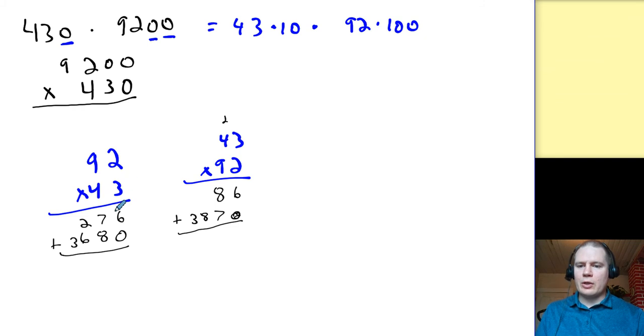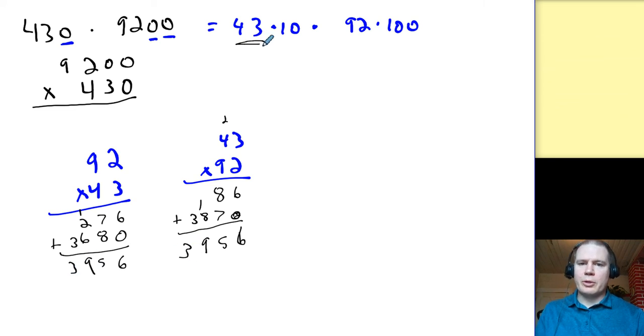I did the same four multiplications, I just lumped them into two pairs differently. Once I put those two pairs together, 6 plus 0 is 6, 8 plus 7 is 15, 8 plus 1 is 9, 6, 7, 8, 9, and 3. Right? We're still going to get 3956.